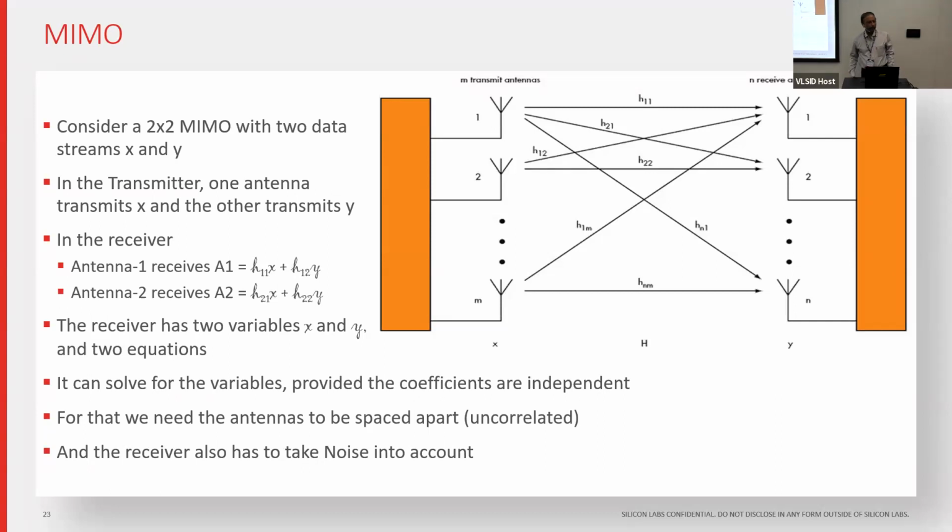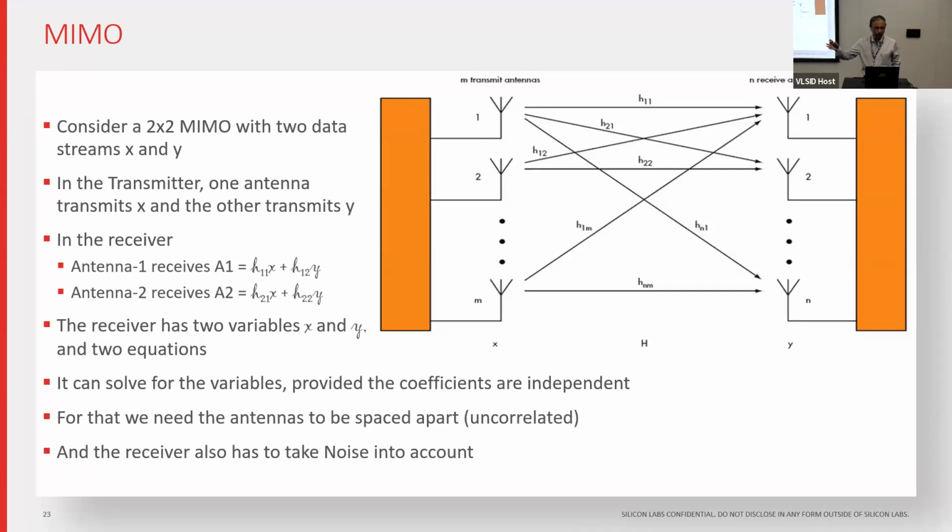They figured out that you can still receive the data properly, provided you receive as many copies of the signal as there are transmitters. So if you have antennas 1 and 2, they are sending different data, let's say X and Y. You are receiving them on 2 different antennas. So this X comes here, but is multiplied by some coefficient, because the channel is different.